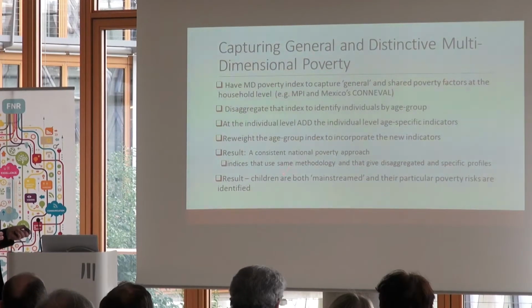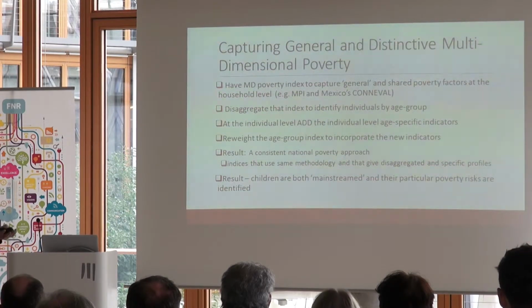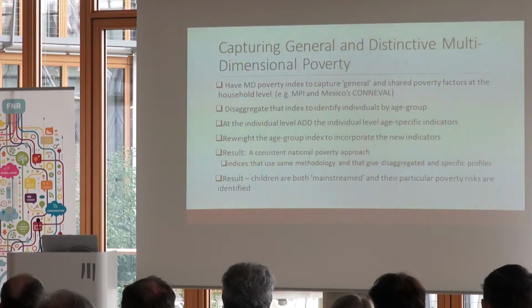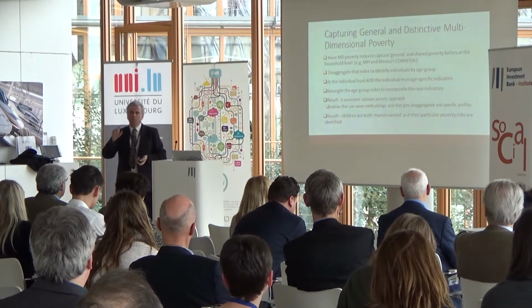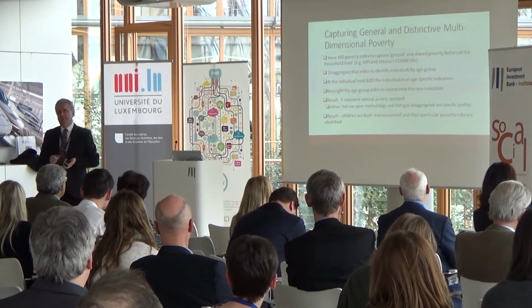And they use the same methodology. They're not using a different methodology for children or a different methodology for the general population. They're using the same thing, so they're consistent. Also, they're arithmetically consistent, so it can all be decomposed and put back together. But most important politically is that you want children in the mainstream of poverty reduction.